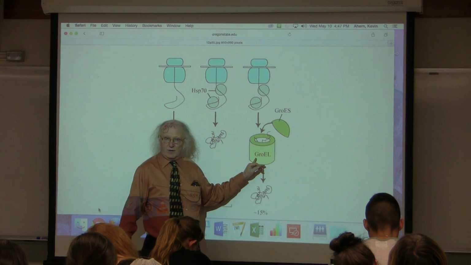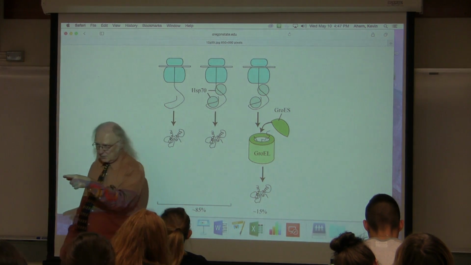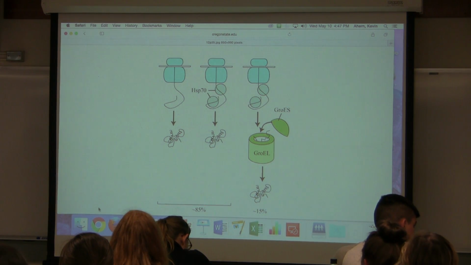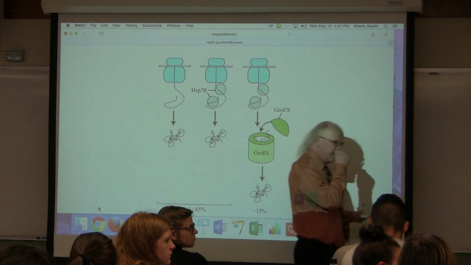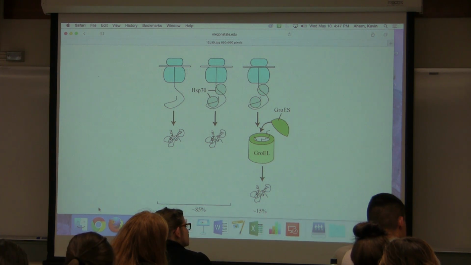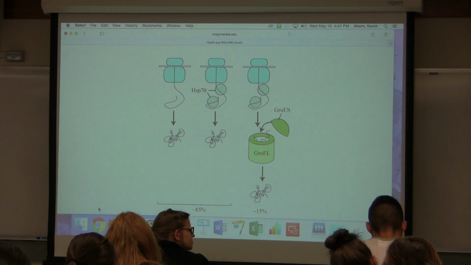This is a bacterial system, but it's very equivalent to ours. It's just called GroEL, GroES. Did you have a question? Clear as mud? You can have some out in the cellular cytoplasm, but most of this is happening actually in the endoplasmic reticulum.